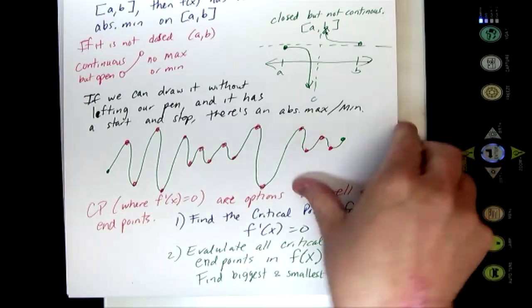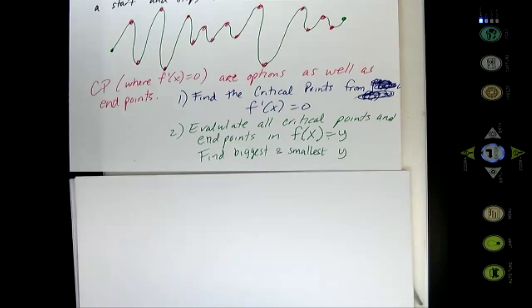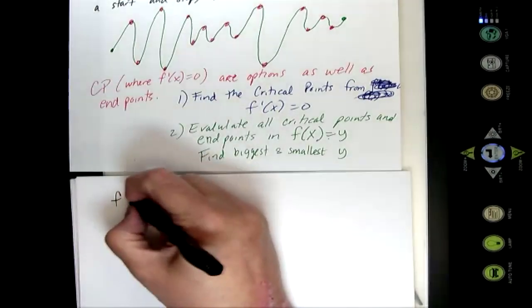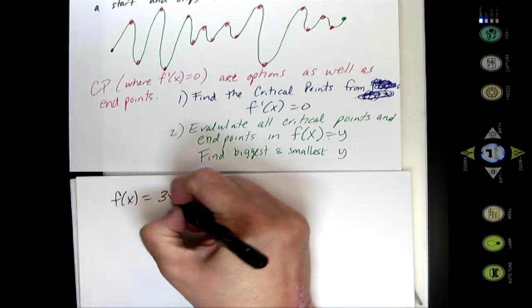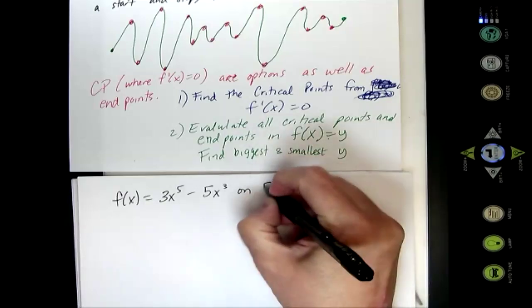Okay, this is much more meaningful with an example. But if you don't understand conceptually what's going on, it's meaningless. All right, let's go with f of x equals 3x to the fifth power minus 5x cubed on -2 to 0.